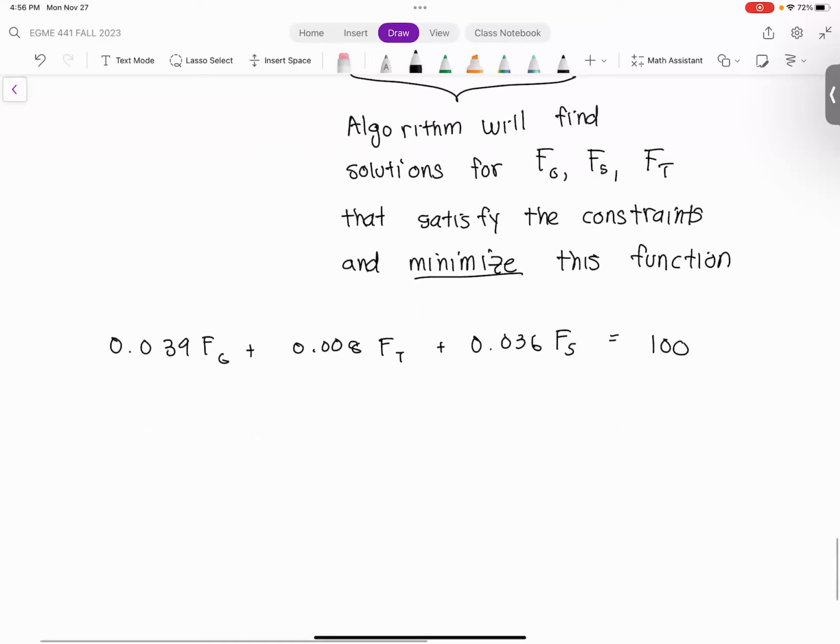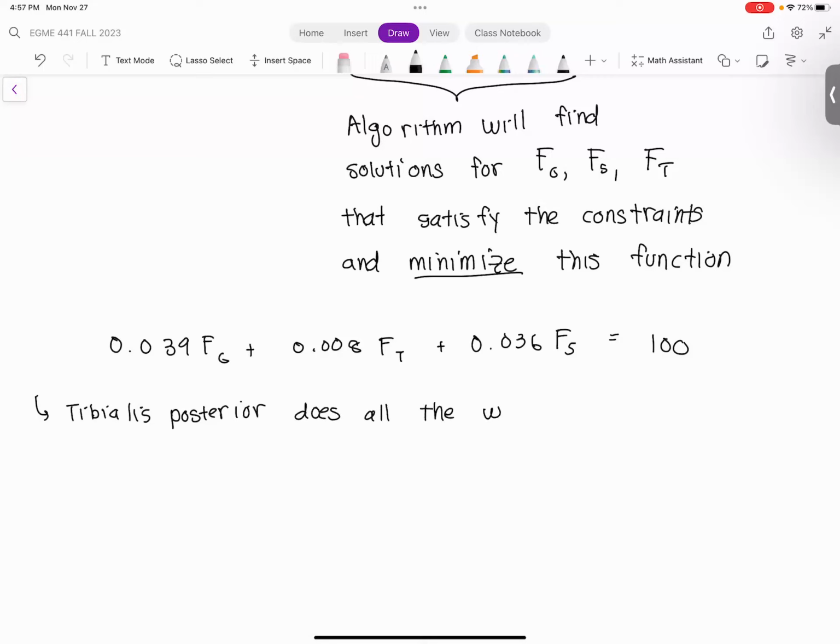So let's go through a couple of scenarios of valid solutions, okay? So let's test the solution where, let's say, the tibialis posterior muscle is doing all the work. And so the tibialis posterior is going to do all the work.